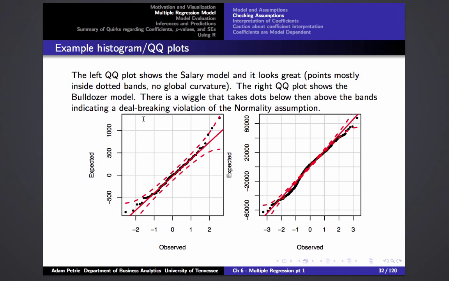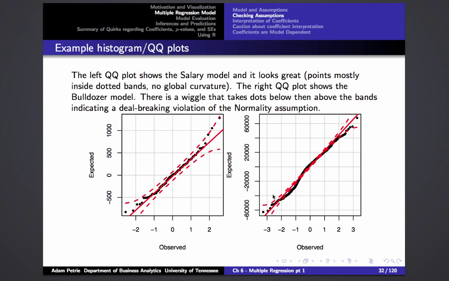So here's the QQ plot for the salary data, basically the expected size of the residual versus what we actually observe those residuals to be. And we see that the points are all essentially more or less inside the upper and lower dotted bands. Looks great. We can say those residuals are normal. Here's the QQ plot for the bulldozer data. So we already knew it's invalid because we have a nonlinear relationship going on between sale price and year made.